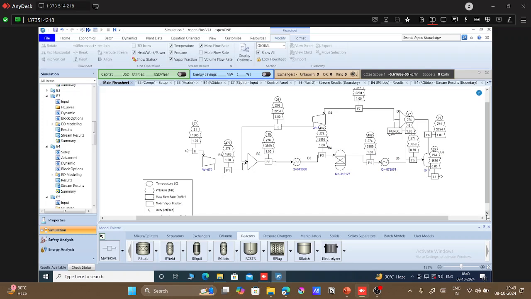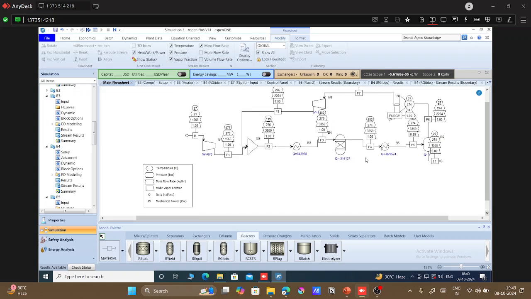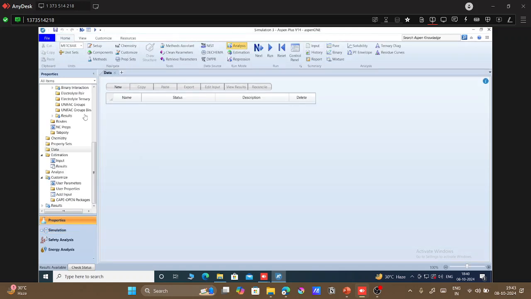So for that, we will generate a medium pressure steam, let's say at 10 bar, from both the cooler and the reactor. First, let's add water as another component in the mixture.